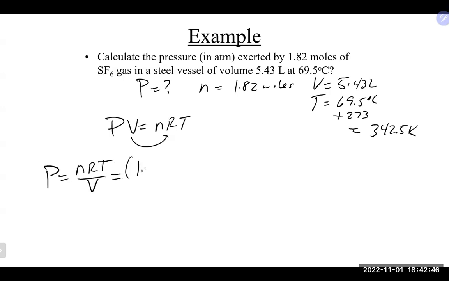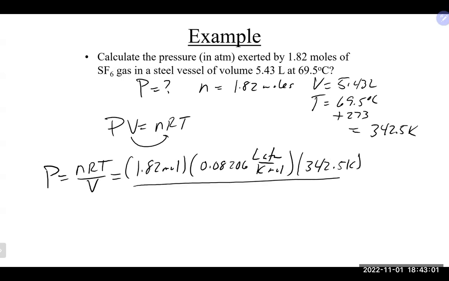Putting in our moles, 1.82, the gas constant, which you always have available to you, and our temperature, which we do need to convert to Kelvin, all divided by our volume, 5.43 liters.